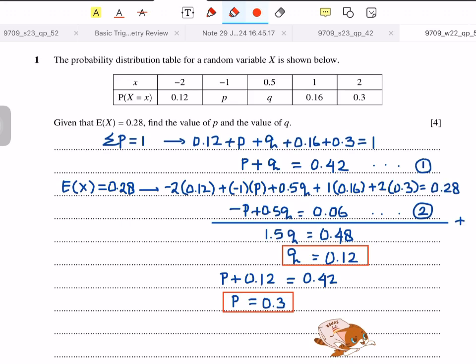And then we can simplify this equation into negative P plus 0.5 Q is equal to 0.08.